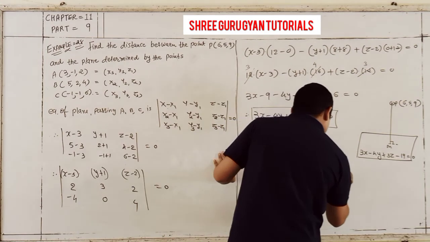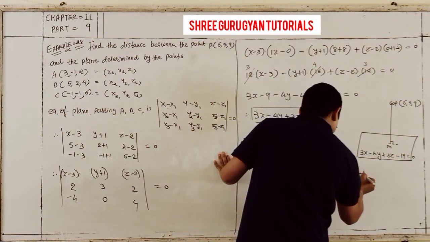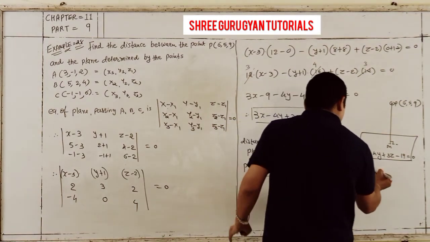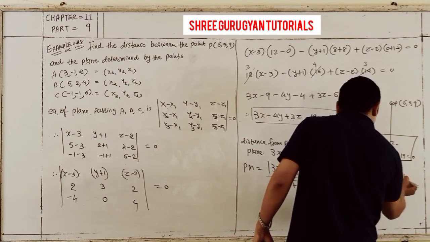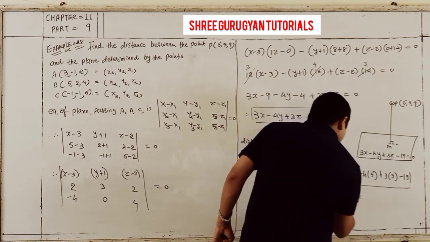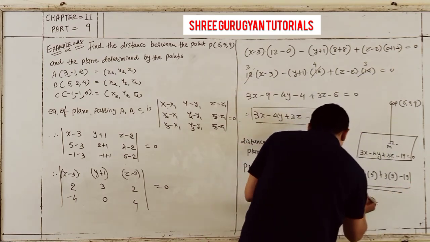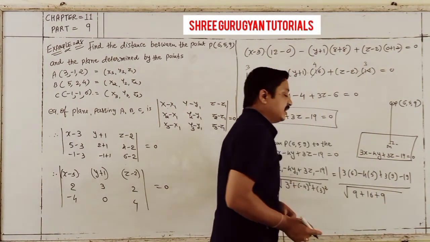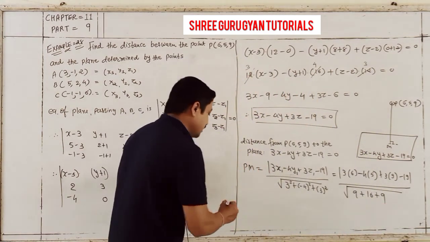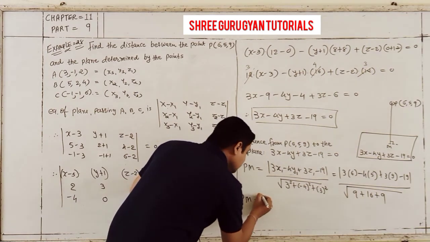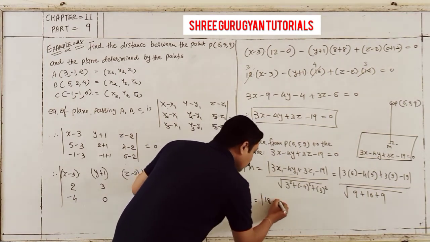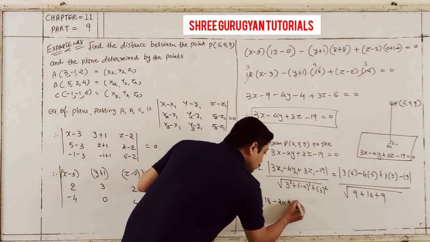So my answer is 3 times 6, minus 4 times 5, and plus 3 times 9, minus 19, divided by the square root of 9, 16 and 9. Easily calculate, students. So the PM answer is 6 times 3 is 18, 4 times 5 is 20, 9 times 3 is 27, minus 19.